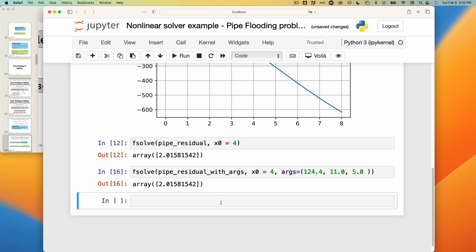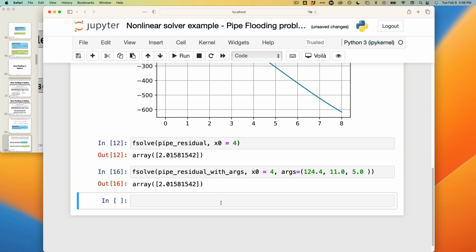You might have talked about this already, but does it return H because H is defined first in the function? Yes, you always have to define H as your unknown. The value returned by fsolve is the value of H that makes the residual function equal 0 with those arguments.